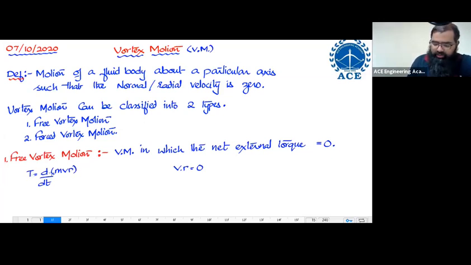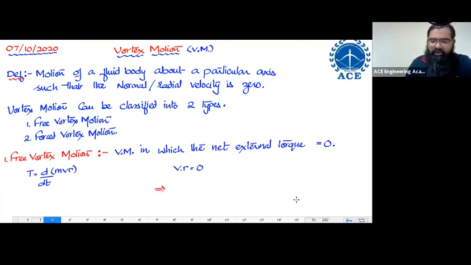So torque is equal to rate of change of angular momentum. If the net external torque is 0, that means mvr is constant. Mass of a fluid body is already a constant. That means v times r also becomes constant.